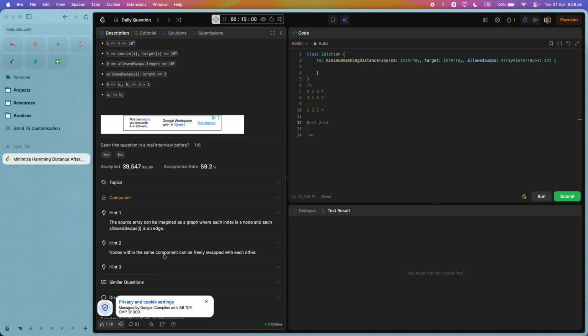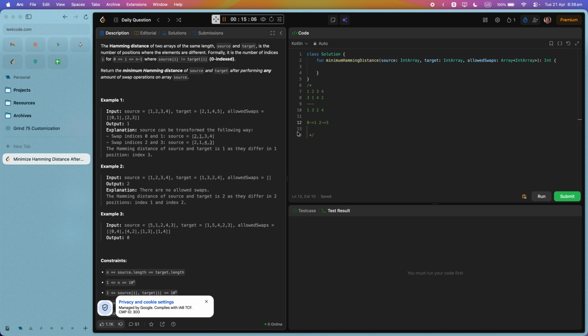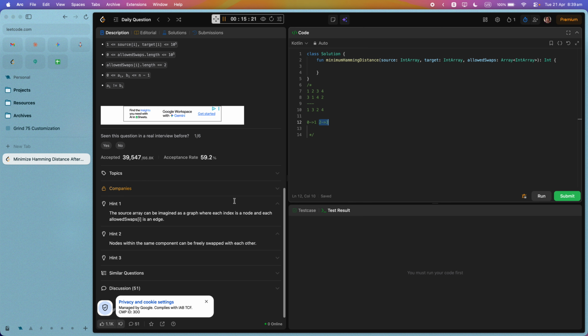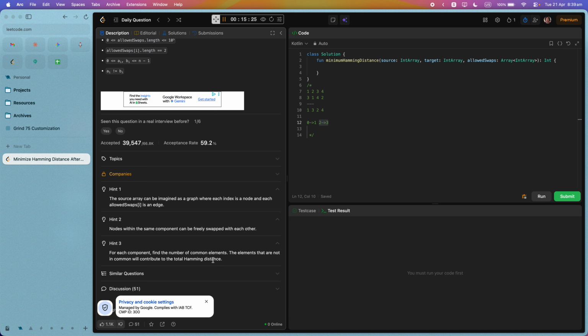Nodes within the same component can be freely swapped with each other. Okay, again, this is coming to union find. So if the parent of any node is the same, we can swap them. Here we can swap them. Okay. For each component, find the number of common elements.